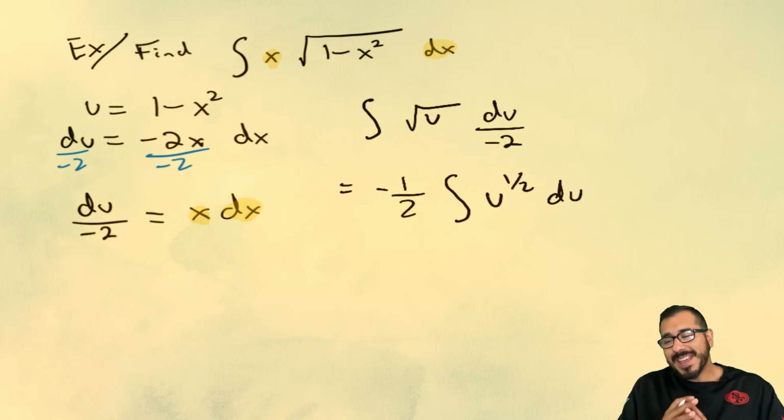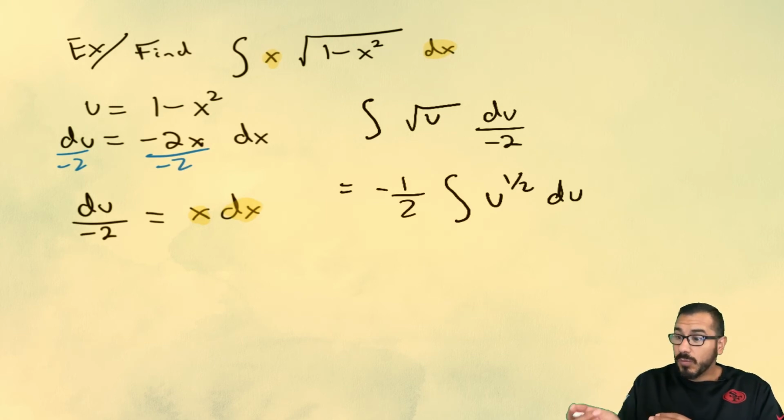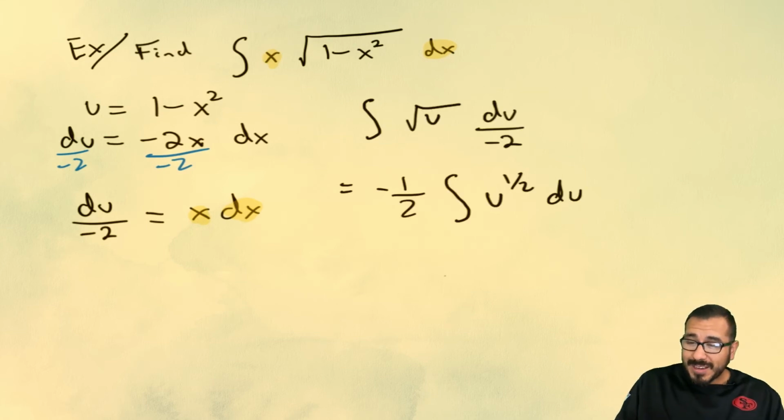The antiderivative of u to the 1/2 is much easier than what we started with. Absolutely much easier.